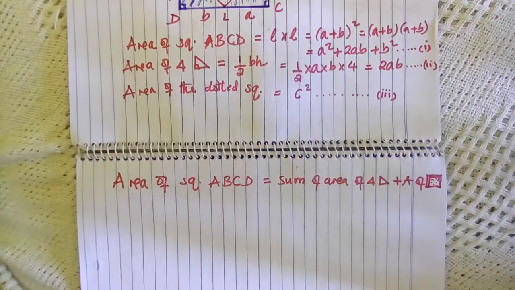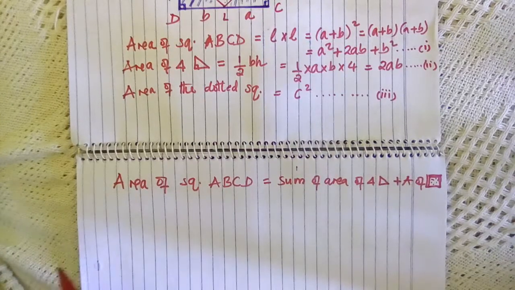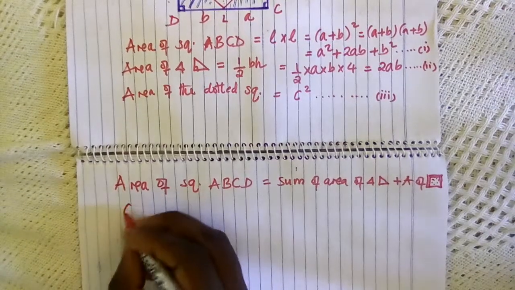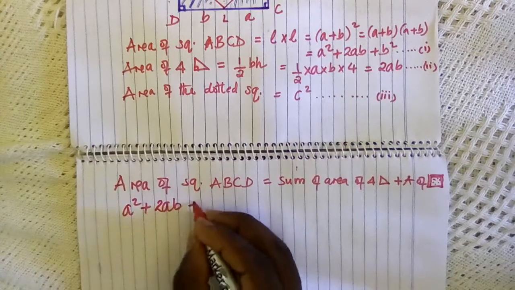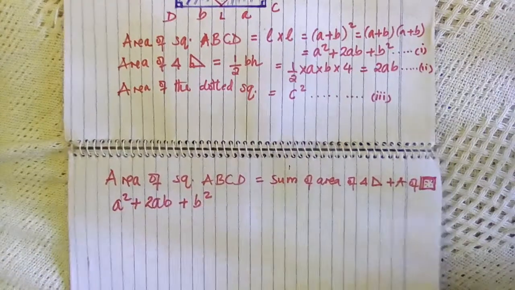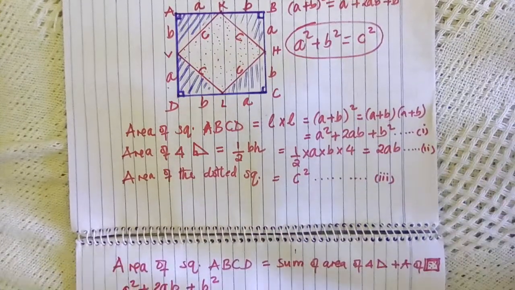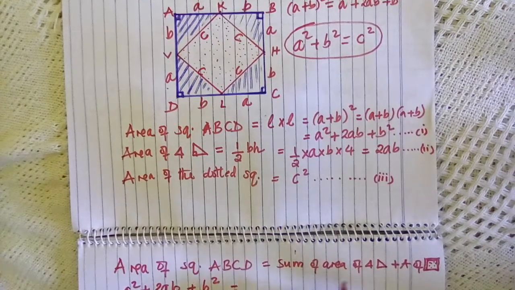Right, so as we've seen from equation 1, the area of the big square ABCD is nothing more than a squared plus twice ab plus b squared. And then again, the area of the 4 right angled triangles, I just forgot to put this sign, it is very important to indicate the right angled triangle.